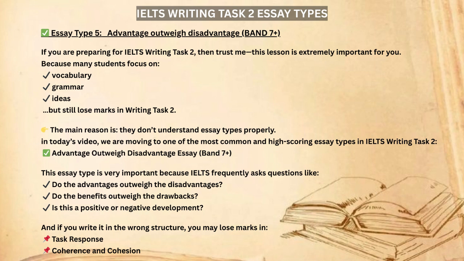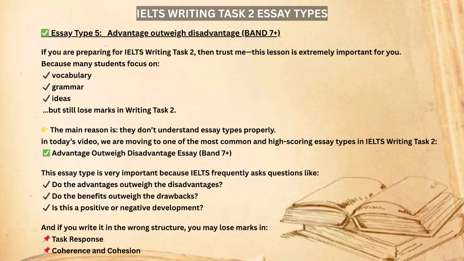So in today's video, we are moving to one of the most common and high scoring essay types in Writing Task 2, Advantage Outweigh Disadvantage essay band 7+. This essay type is very important because IELTS frequently asks questions like, do the advantages outweigh the disadvantages?